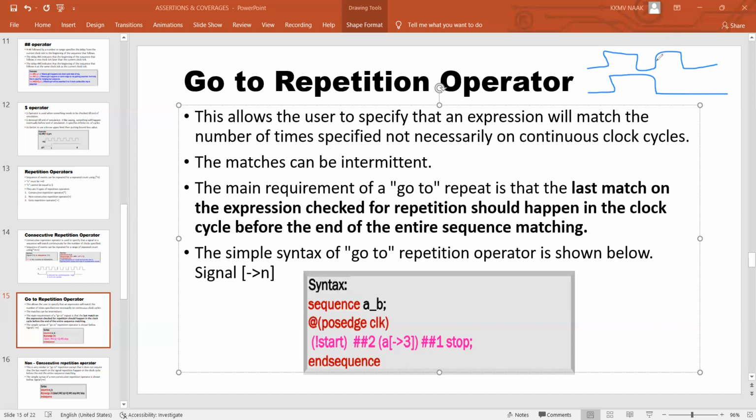Let's consider that in this clock cycle your entire sequence was matching, completed. In the clock cycle before that, the condition where A is high for the third time should occur, before the entire sequence was over. Okay, ma'am.